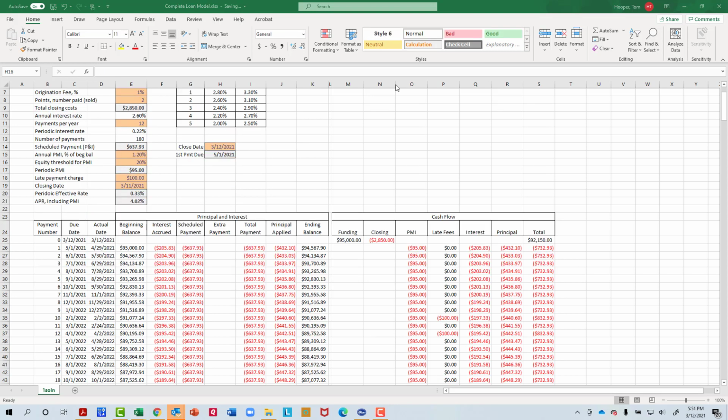Now, there is one more thing I would like to show you since we have some actual dates for these cash flows over here, and that's the IRR function. So let's look at dated cash flows. We just assumed they were all a month apart. But let's look at when they actually occurred.